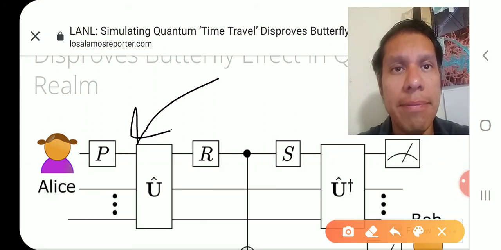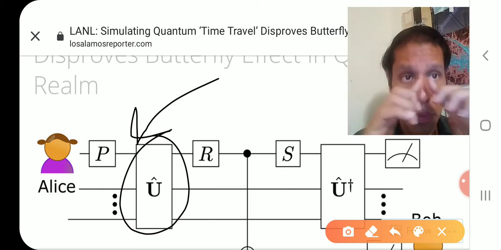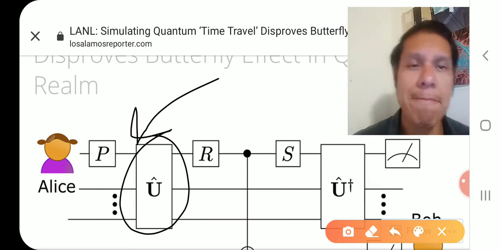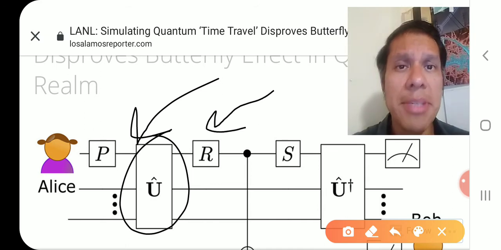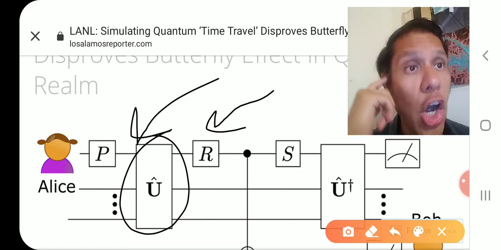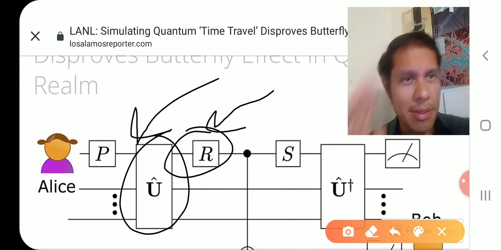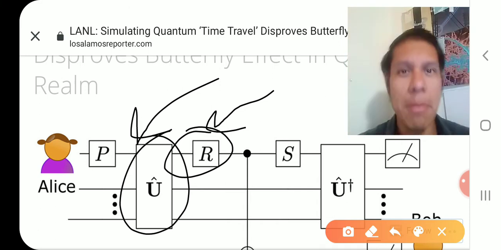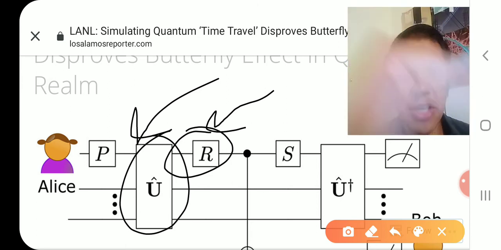This is entangling all the information. And I will show you the paper that shows you explicitly what's inside that gate. Then the information coming out of Alice's line will go through that R gate. That R gate basically changes, it drains the information coming from Alice's path of information.